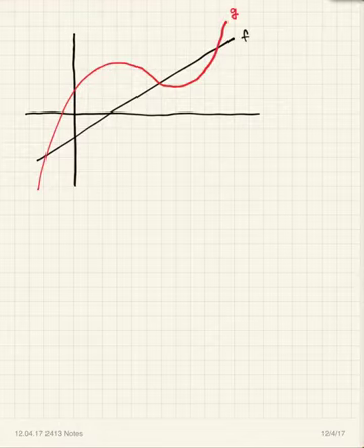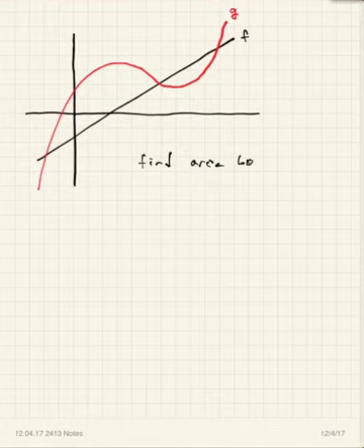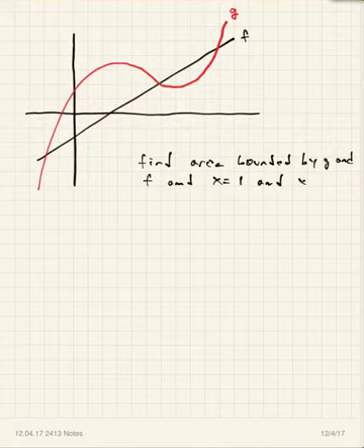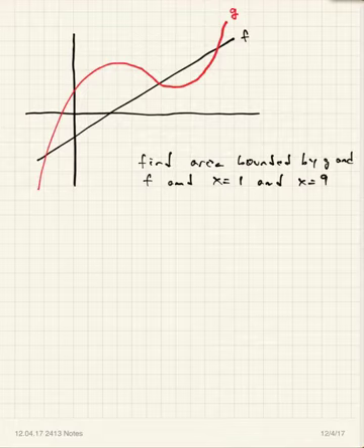And you want to find the area bounded by g and f, and x equals 1, and x equals, let's see, 1, 2, 3, 4, 5, 6, 7, 8. Let's say x equals 9. Okay?